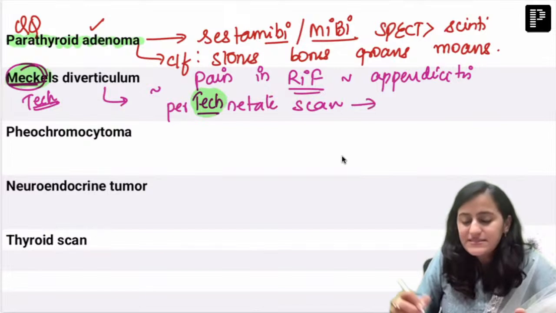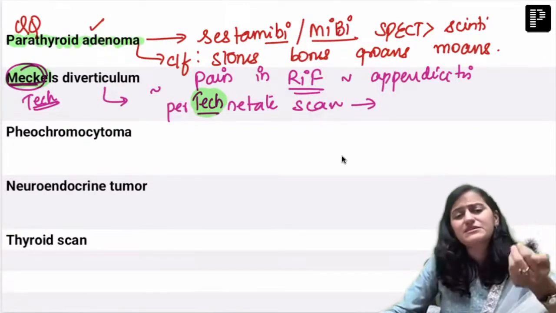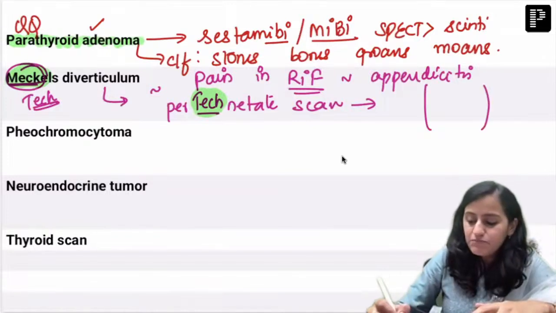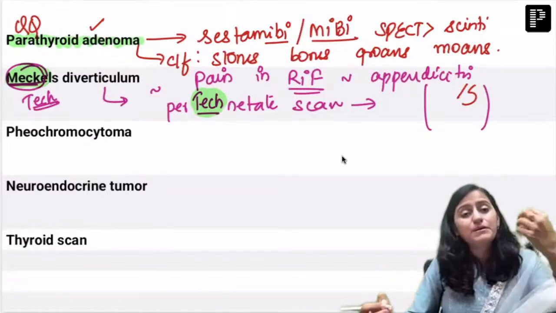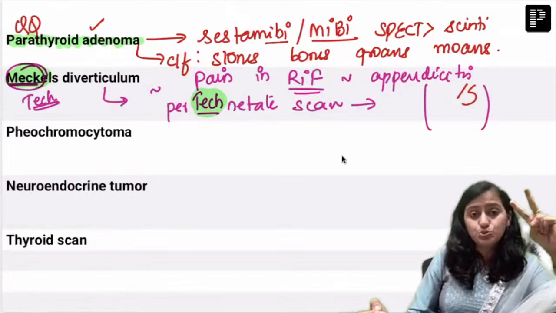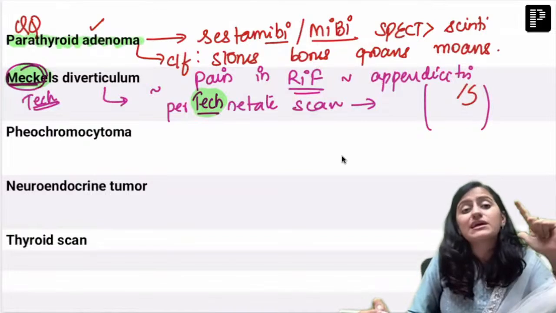Why is the pertechnetate scan done? The concept here is that pertechnetate is picked up by the normal gastric mucosa as well. So suppose this is the abdomen, you have the stomach here picking up this pertechnetate, and you know that in Meckel's you have the rule of two. Which are the two ectopic tissues that you get in Meckel's? Gastric and pancreatic.